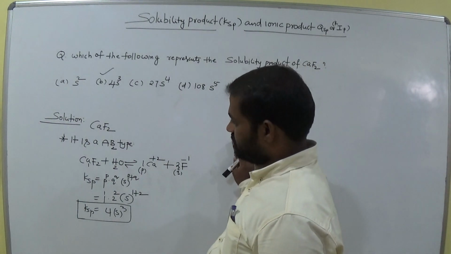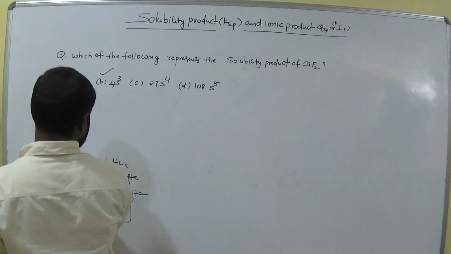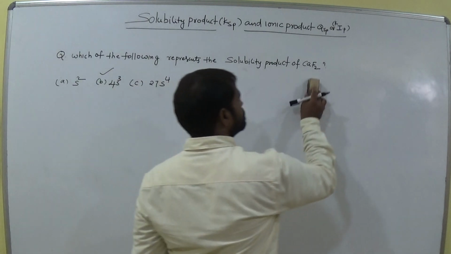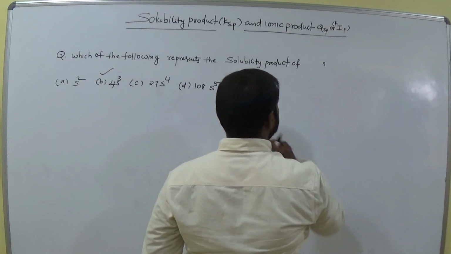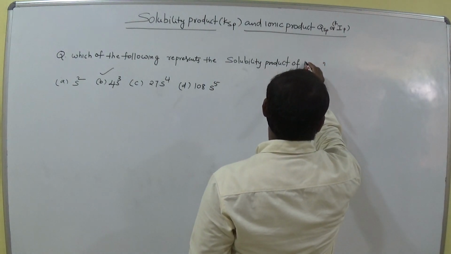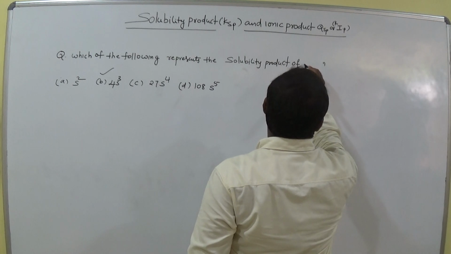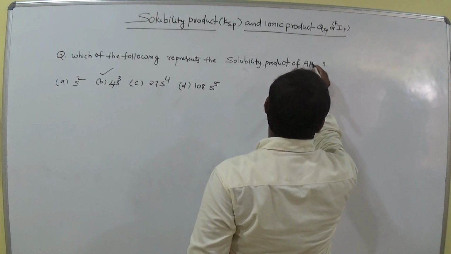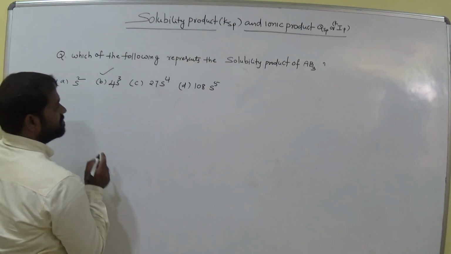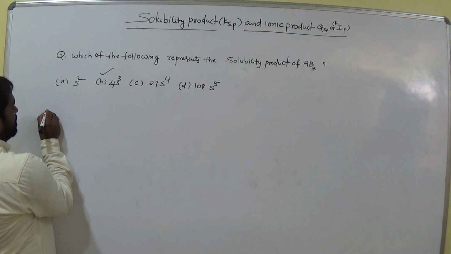Next, go for the third problem. AB3. Now given salt, what type of salt is it?